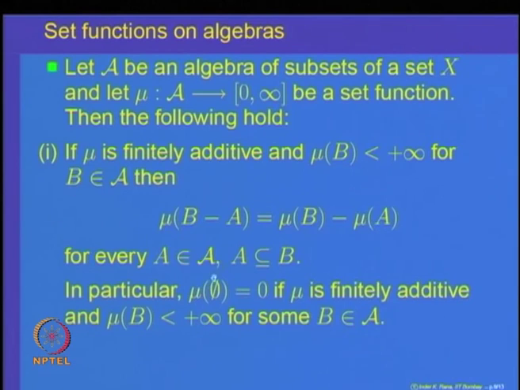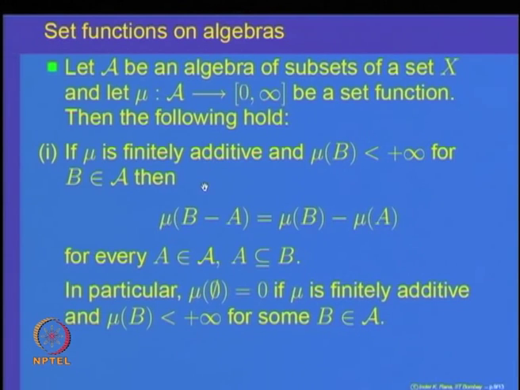And in particular, supposing I take B equal to A, this gives mu of empty set is equal to 0. So, in particular mu of empty set is 0 if mu is finitely additive and mu for at least one set B is finite. These are consequences of a set function being finitely additive.